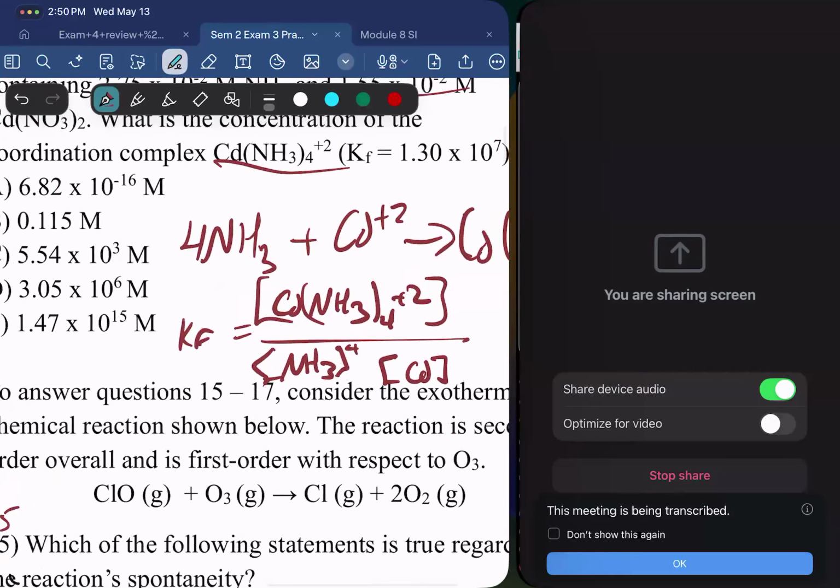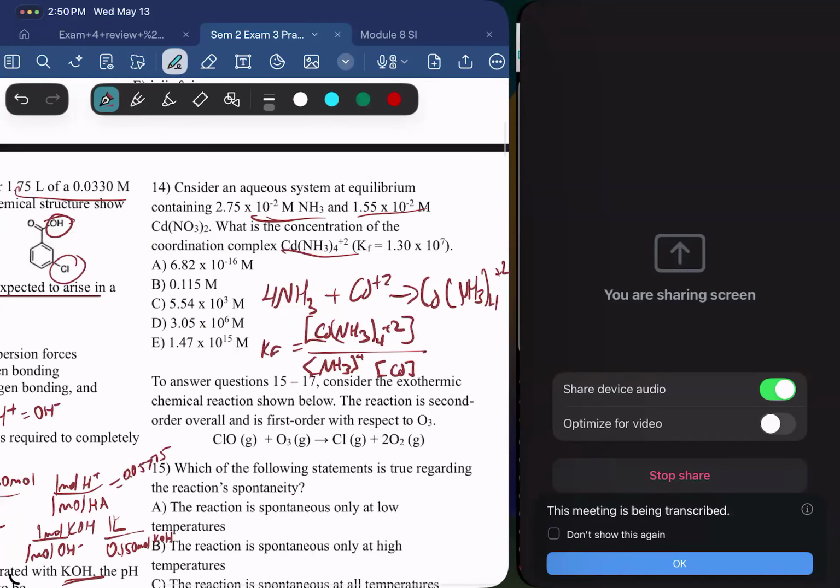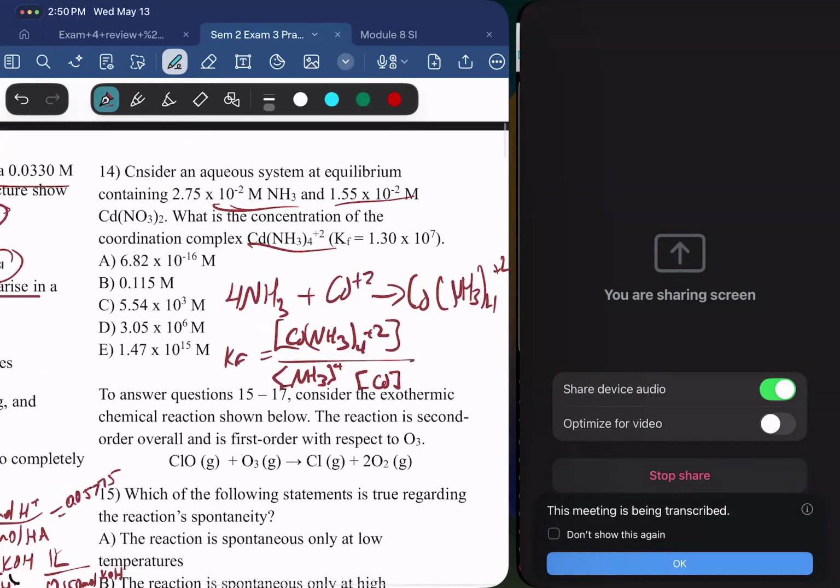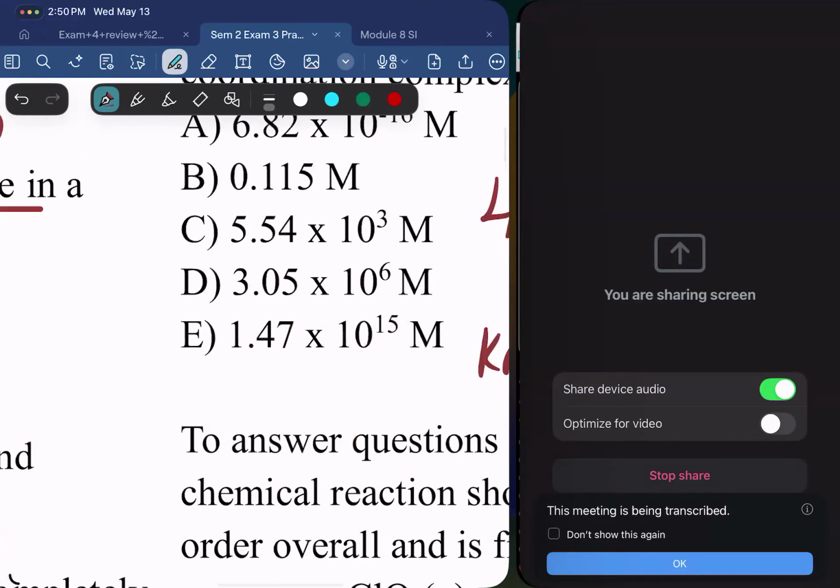And so we need to plug in the values and then figure out what the complex is. So it's essentially Kf times NH3 to the fourth power, and then times Cd plus 2.